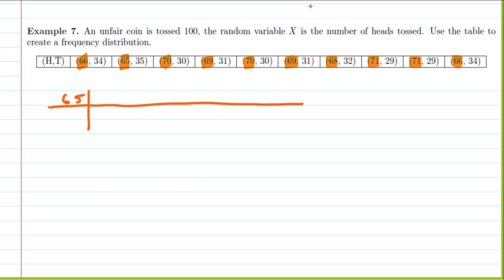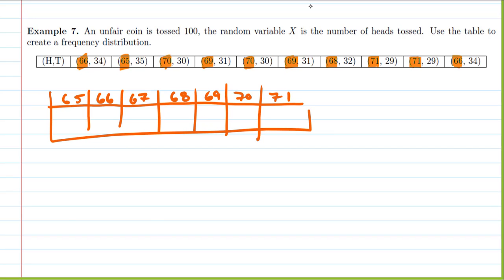So we have 65, and what's our largest value that we have? 71, so 66, 67, 68, 69, 70, and 71. So how many 65s did we have in our table? Just one, and I put that in the wrong place. So let's put it in the right place.